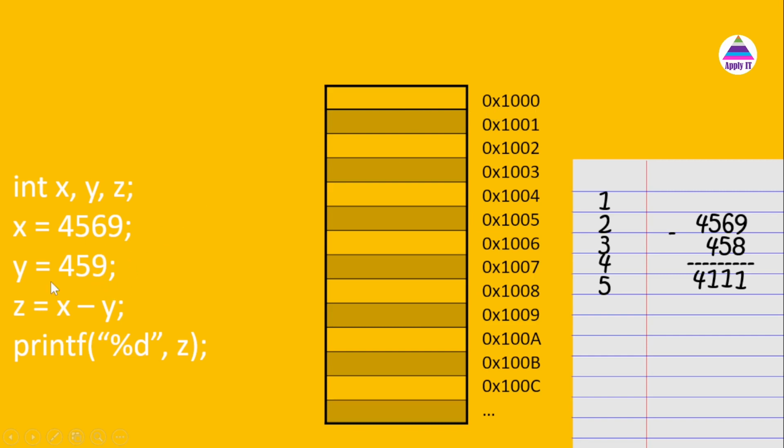Now whenever we run a program, whatever variables we have created, these variables are going to take up some space in memory locations. So let us consider that variable x is going to take up 4 bytes. Same way variable y is going to take up 4 bytes. Variable z is also going to take up some 4 bytes. So that will depend on what architecture we are using.